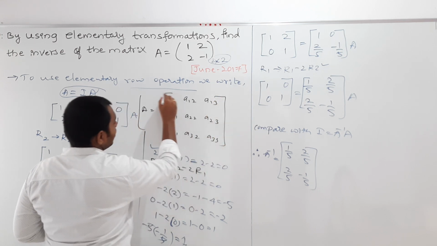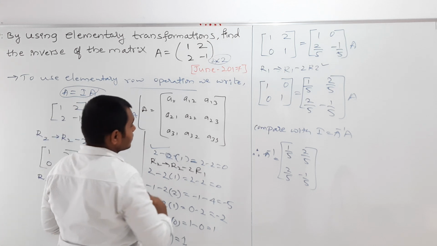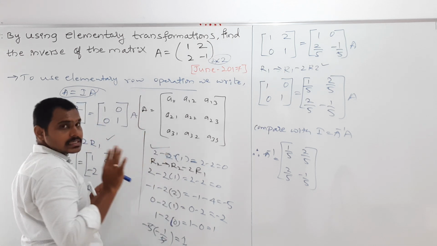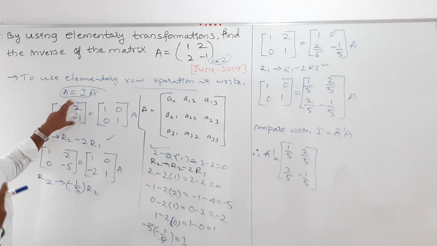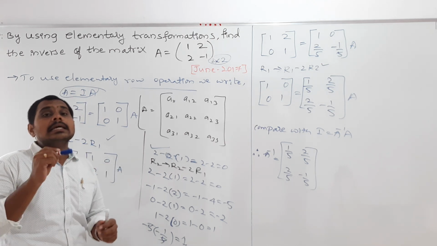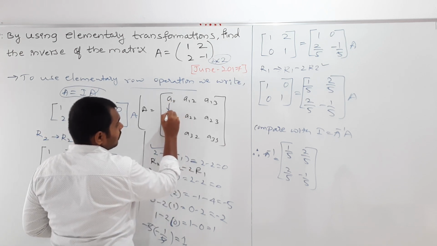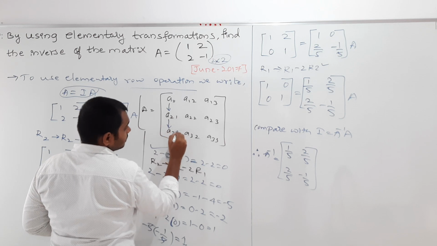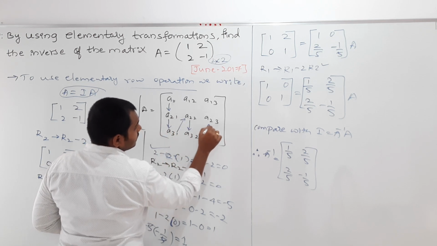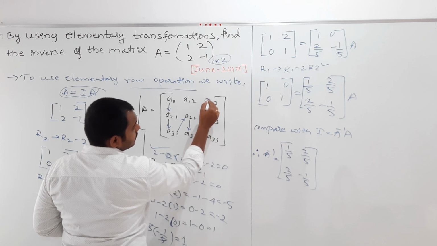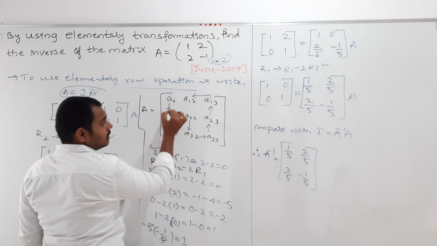If the given order is 3 cross 3, then everything remaining will be the same as it is, but while converting this LHS part into the identity matrix, please go in this order. First make this element 1, this element 0, and next like this, and next like this. Clear? First you should make this element 1, 0.